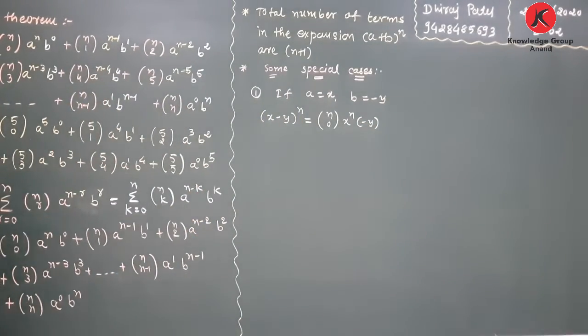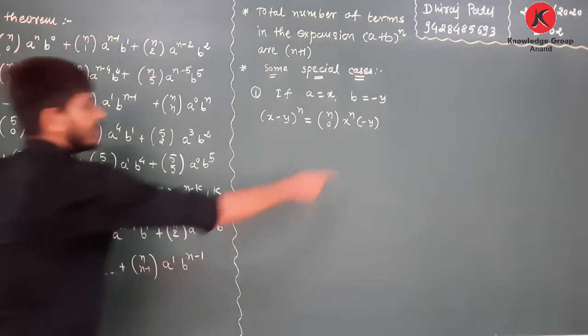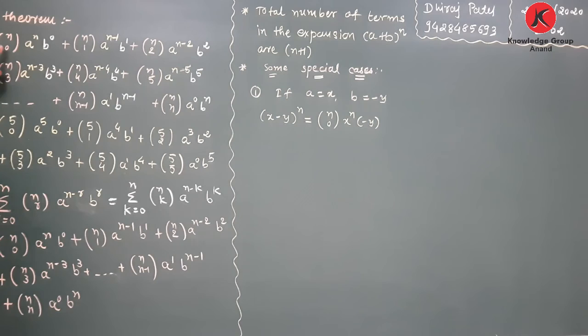If you compare the symbols, a equals x, b equals −y and n equals n here.